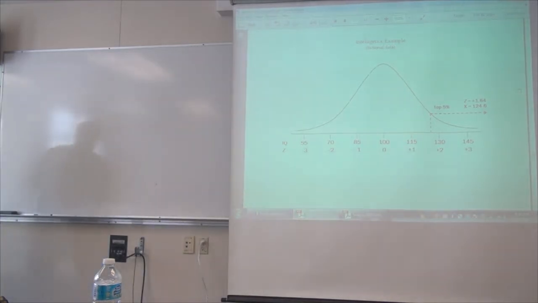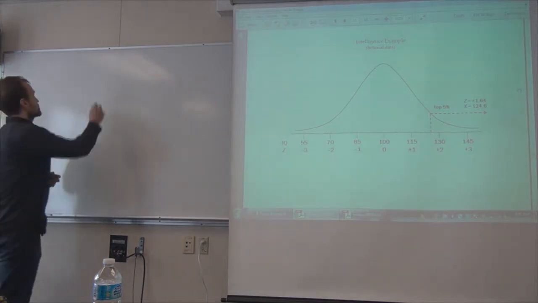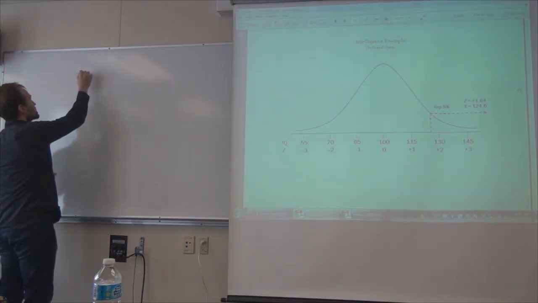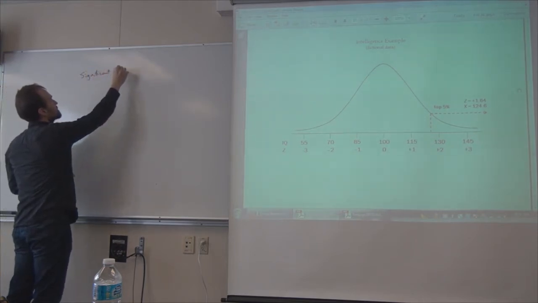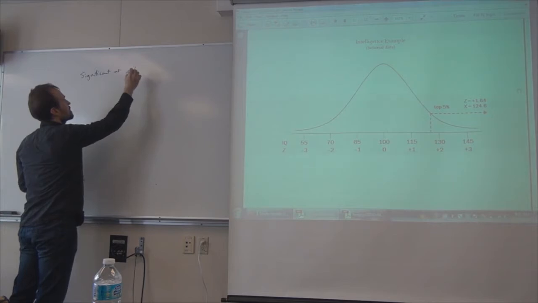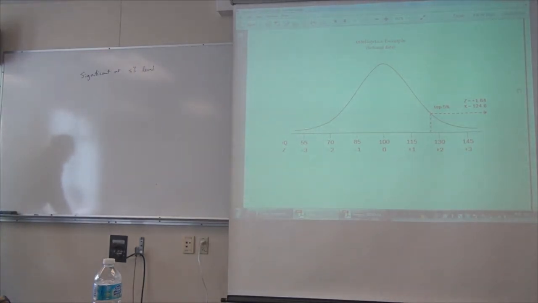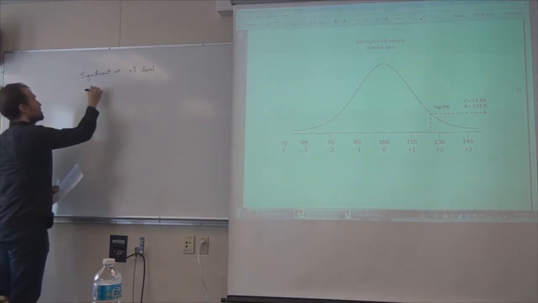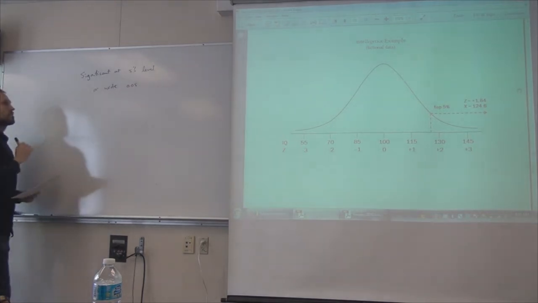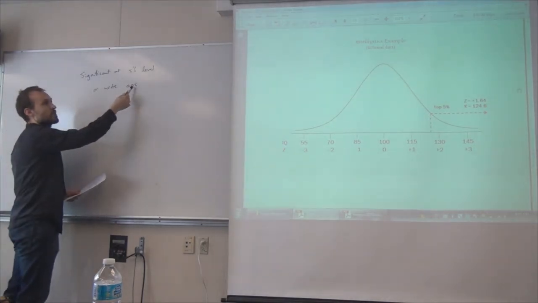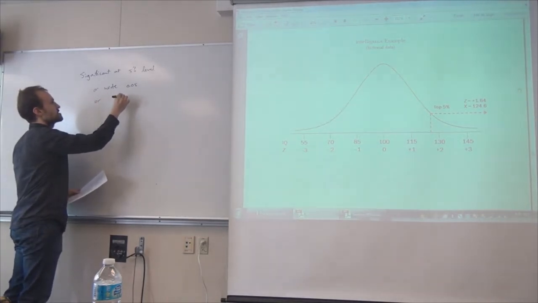I can also write it as a percentage. So I'll say that it's significant at the 5% level, or we can write it as just 0.05, because it's always going to be 0 point something, some people just write it as 0.05.